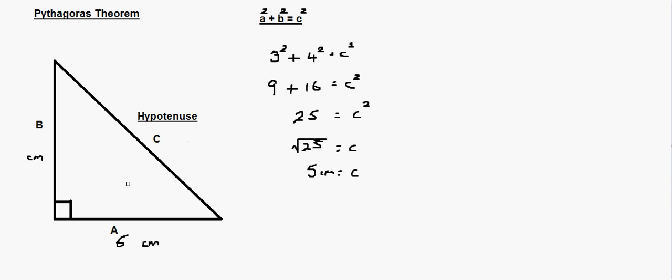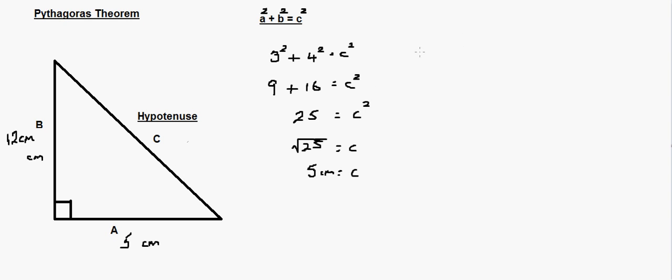Sorry, I'll cross that out. Do that again, it looks like 6. So this side is 5 centimeters, and let's say that this side is 12 centimeters, and they want to know what c is.